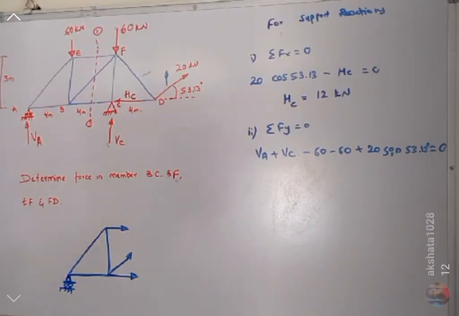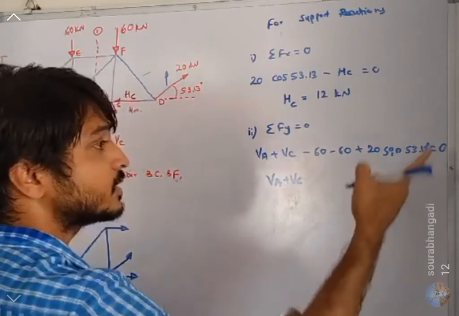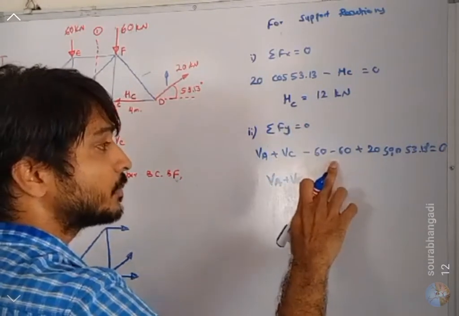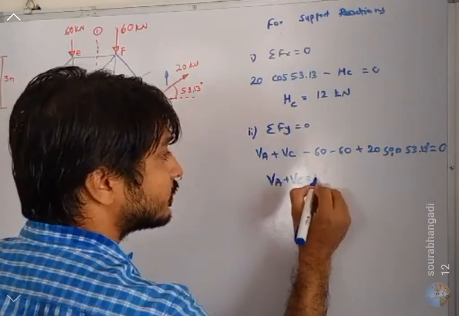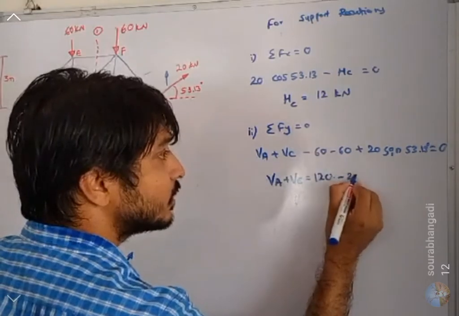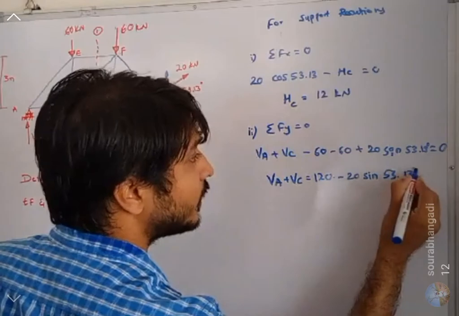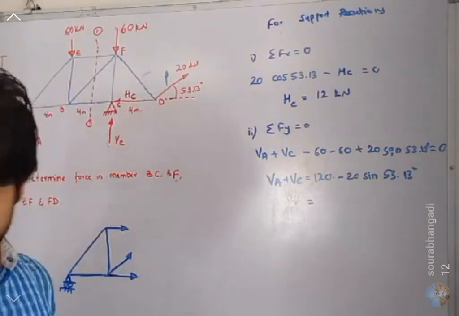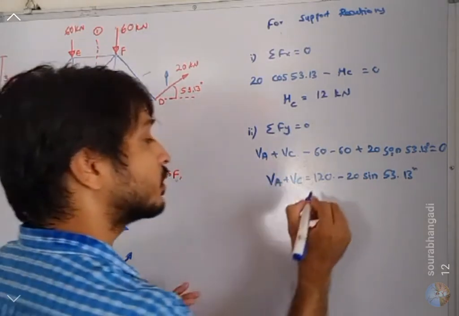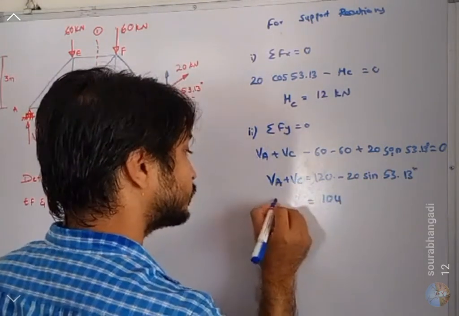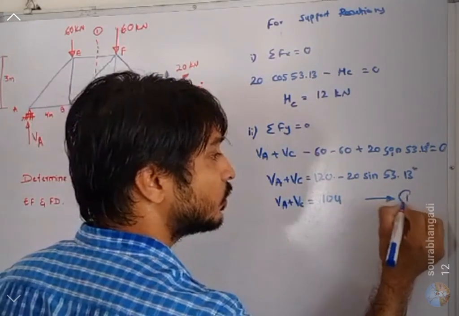So VA plus VC, sending the other terms to the other side, equals 120 minus 20 sin 53.13 degree. So we get VA plus VC equals 104 kilonewton. Let me call this equation number 1.